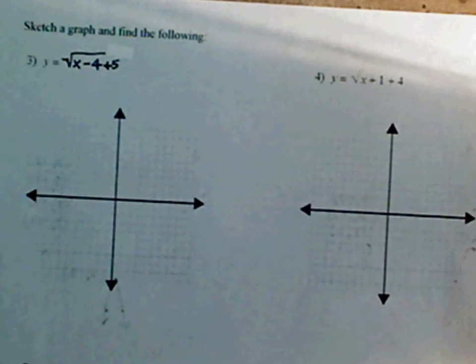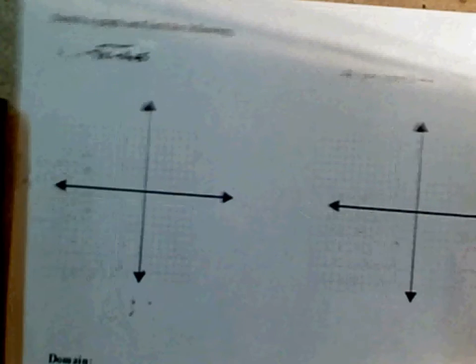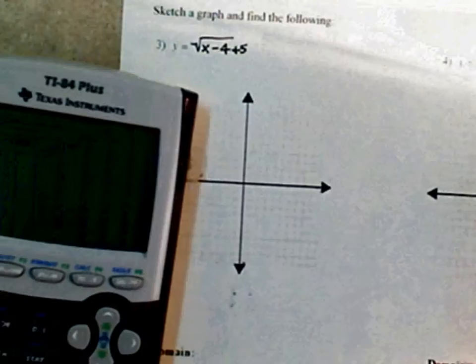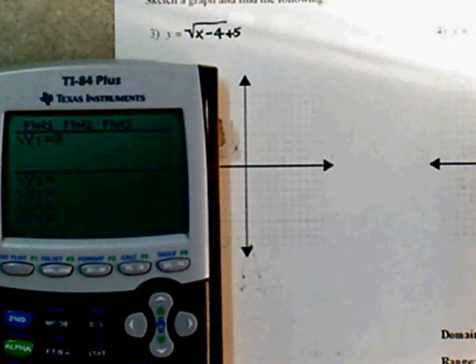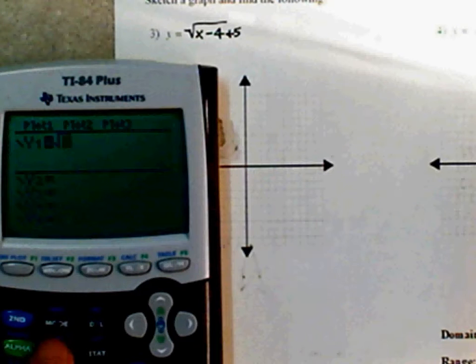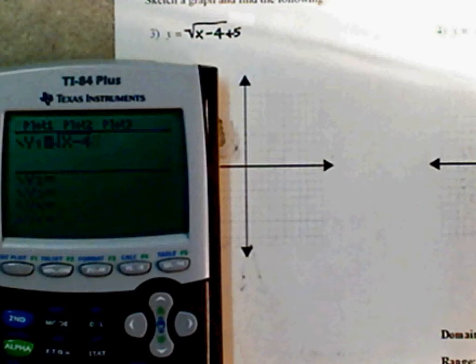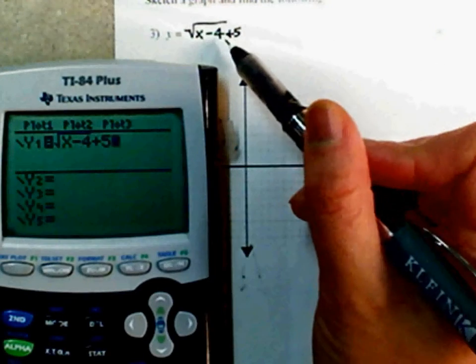Here we go. Go to your calculator and plot your points. Okay. Go to your y equal. I'm going to clear it. Square root x minus 4. Now make sure you right click out, okay? Plus 5. Everyone got that? X minus 4, right click. This is how you type it in.